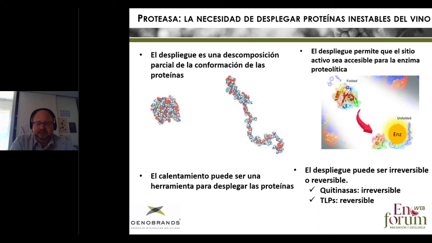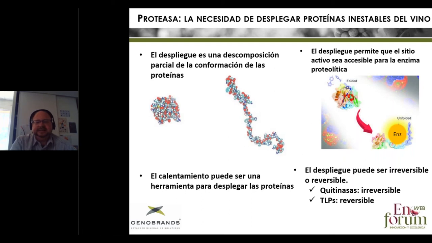The second issue was the globular conformation, and in order to avoid this problem, the use of a heating step is a convenient option, since it leads to the unfolding of the protein.